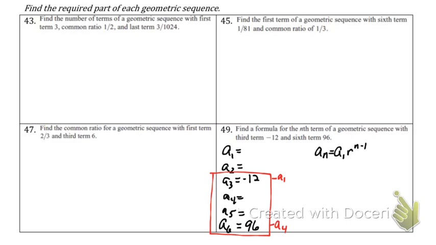Well, I'm going to say this is my A sub 4 for a second, so that'd be 96, equals that first term, which is negative 12, times my r to the, and in this case it'd be 4 minus 1, which would be 3.